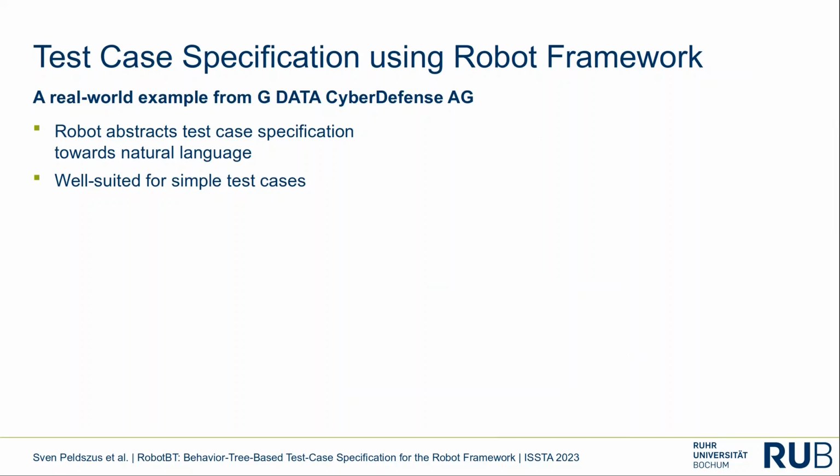Robot itself provides an abstraction for the test case specification and abstracts the code of the test case specification towards natural language by using so-called keywords, which are in the end functions, but are easier to read and less complicated to use than standard high-level programming languages. This makes it well suited for the implementation of simple test cases, also by non-programmers.